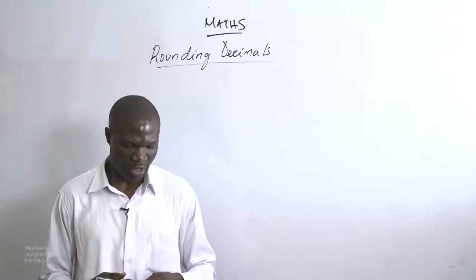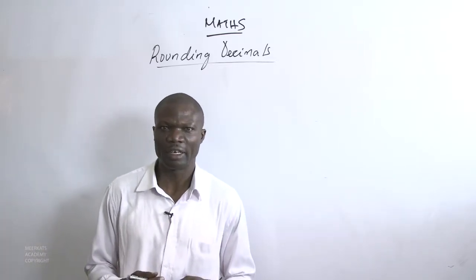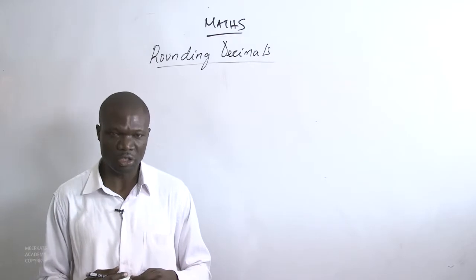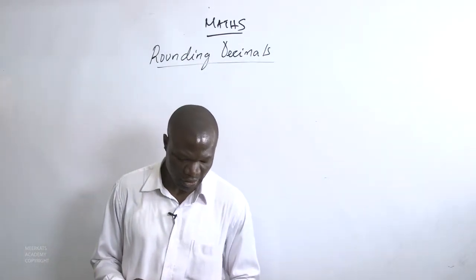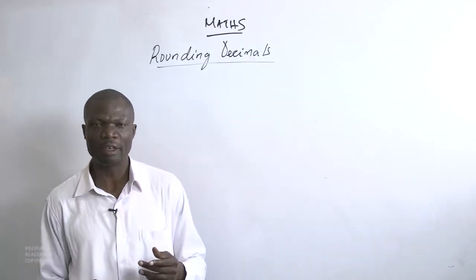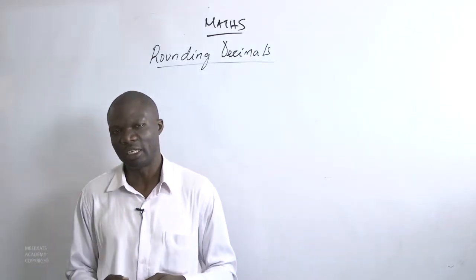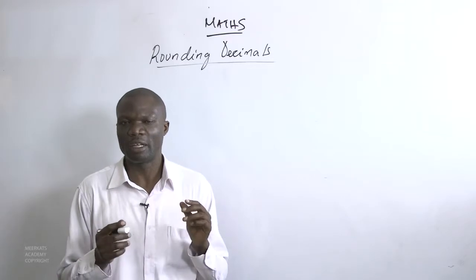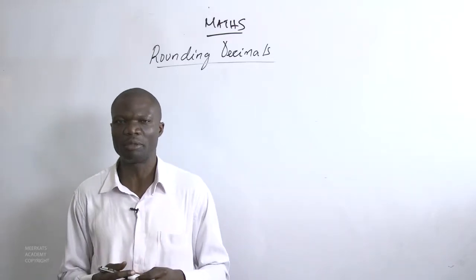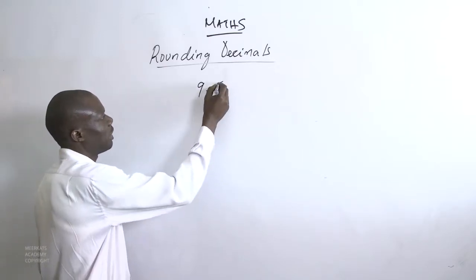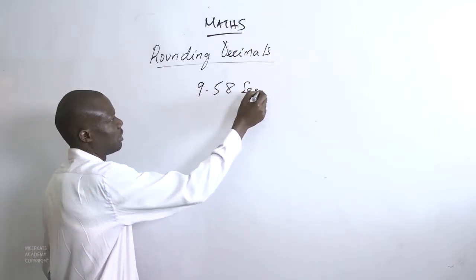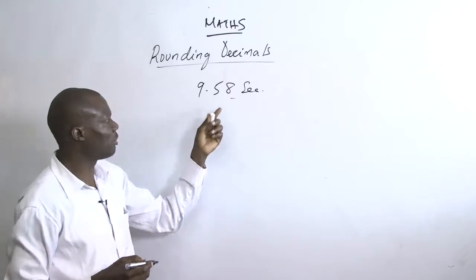We have the world's fastest runner, Usain Bolt, whose world record stands at 9.58. Now, you realize that they rounded off his time to 2 decimal places, 9.58 seconds. So this is rounding off.